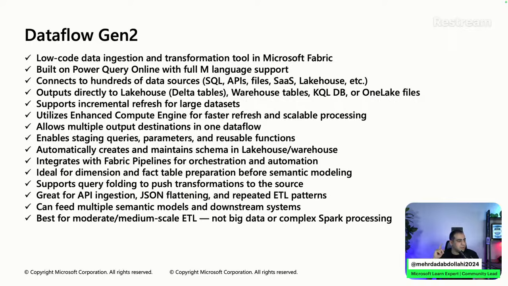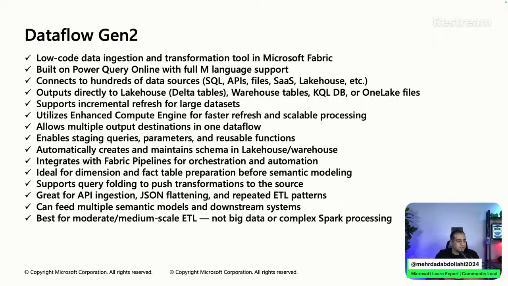The other thing that is also available in Dataflow Gen2 is a good option for API ingestion and JSON flattening. It just flattens the file, or basically expands the associated records and then downstreams the records.